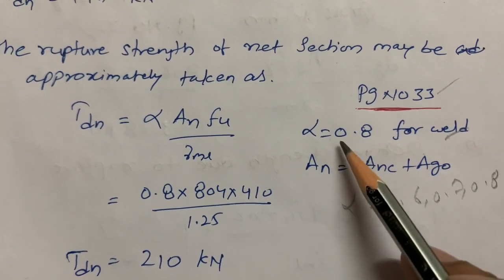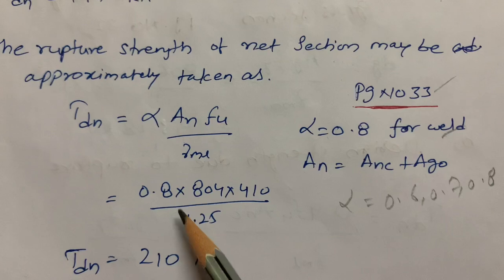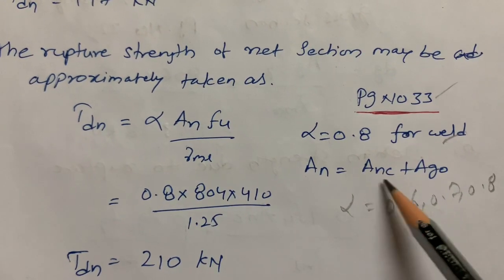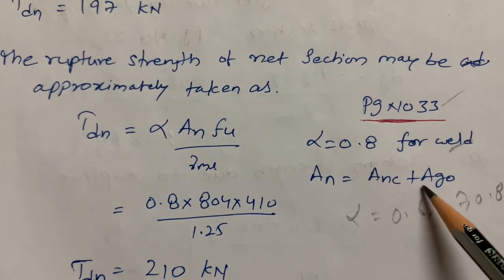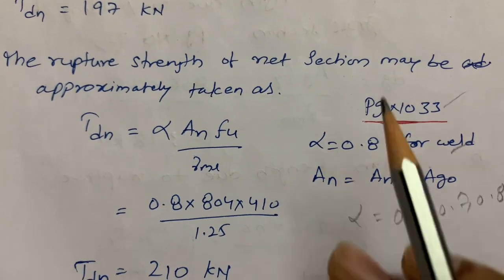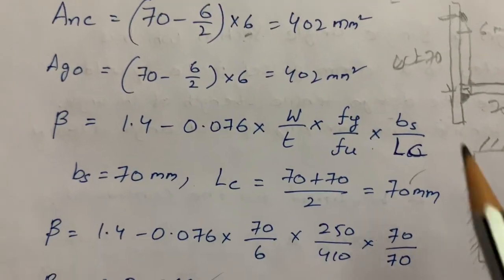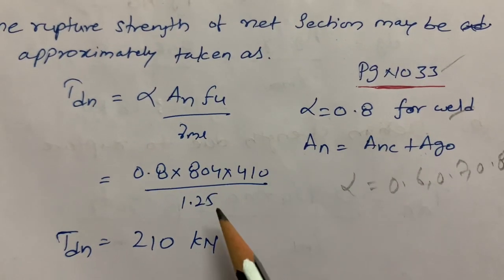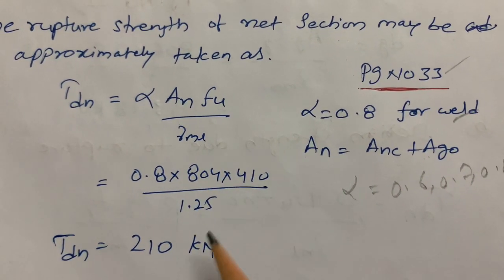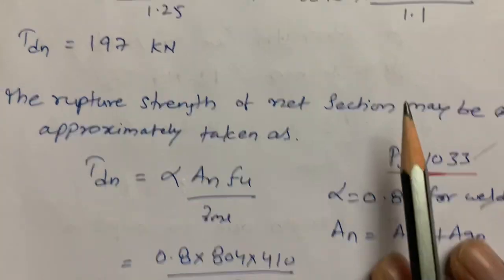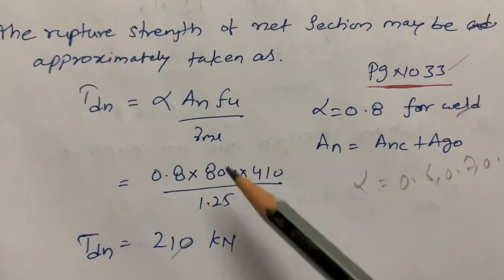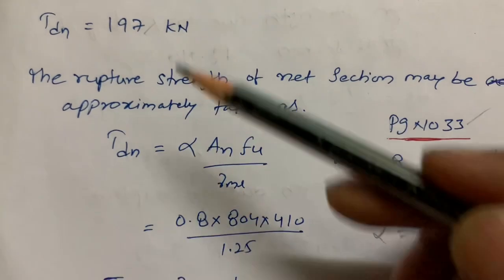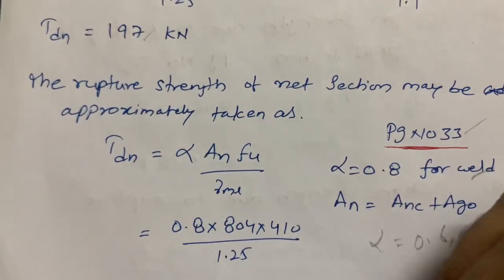For a welding connection the alpha value is 0.8. So 0.8 into An, which is nothing but Anc plus Ago, which is specified in the code book. Anc plus Ago, we already know, 402 plus 402. I got 804 into Fu 410 by 1.25 gamma m1. I got 210 value. So have you observed these two values are closer.